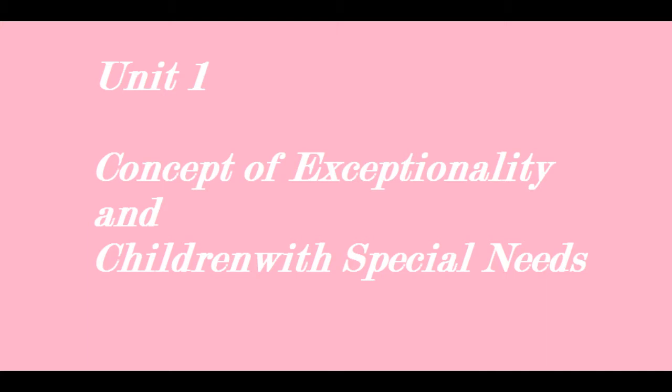Unit 3 is Special Needs and Inclusion, and the last one is Practices and Support System for Inclusive Setup. We will begin with unit number 1 for now. Concept of exceptionality and children with special needs.